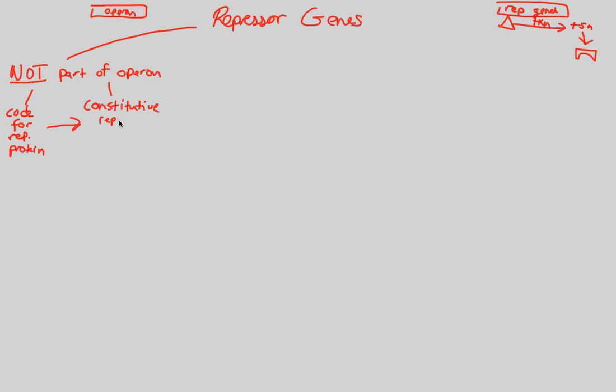It's called a constitutive repressor because lactose, and we're still talking about the lac operon, so imagine this is the lac operon, is not always there. Remember how we talked about the situations in which we express lactose metabolism genes?